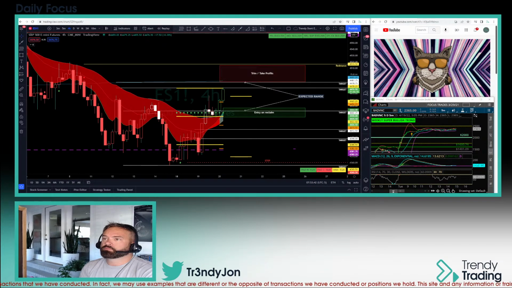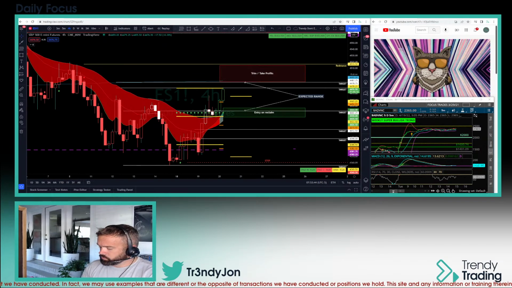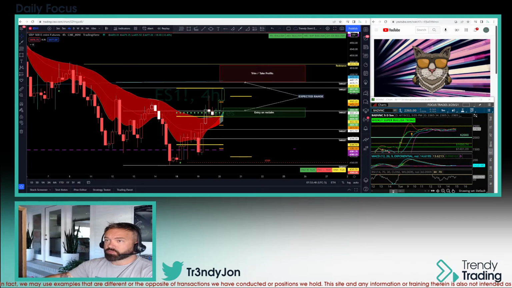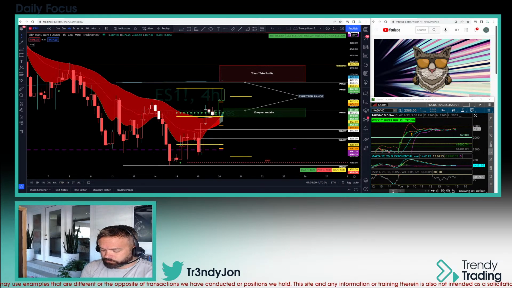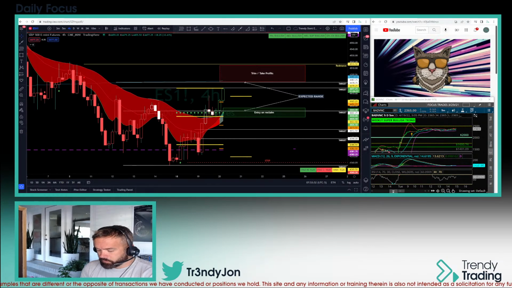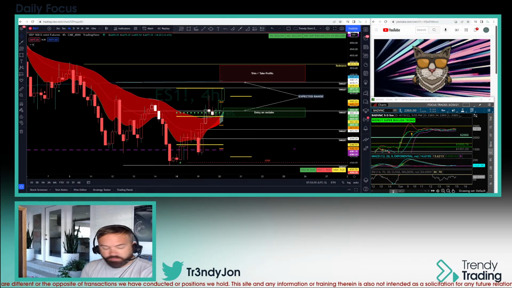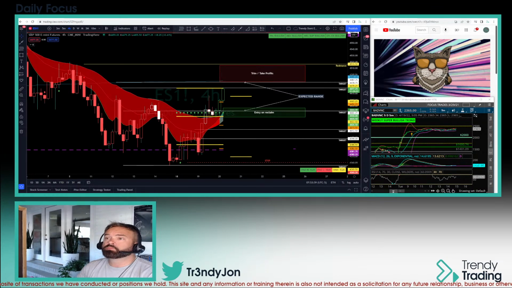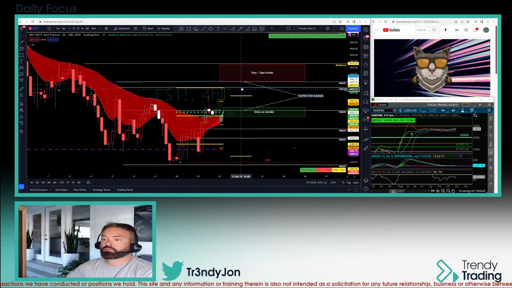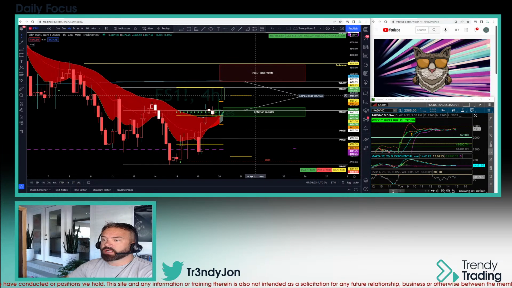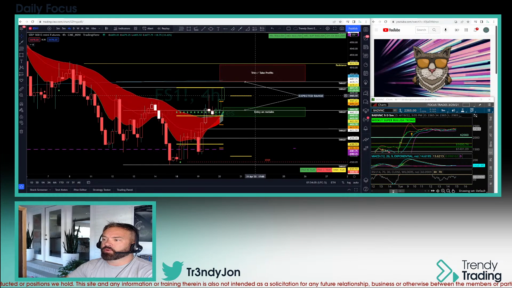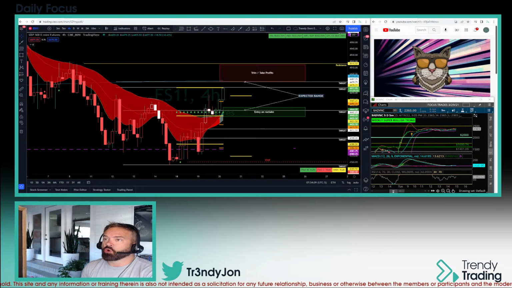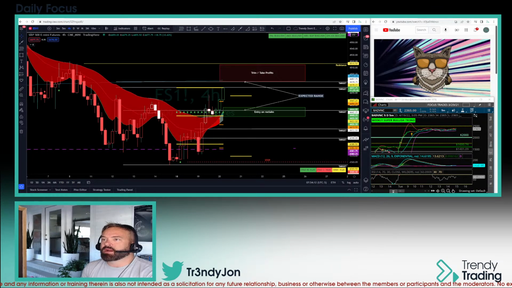So I'm going to make that 4500. Target on open would be 4487. And our mid support is going to be 4465. So it means on open, if we get that dip, I'd expect buyers to come in there.